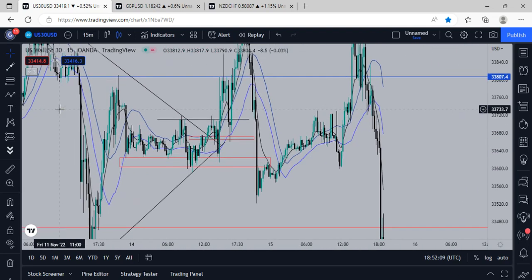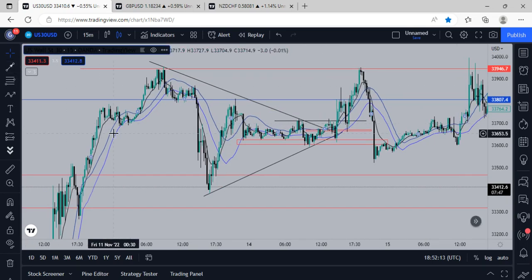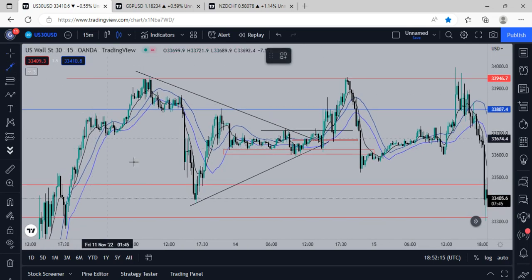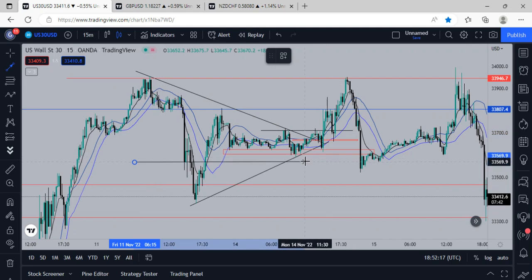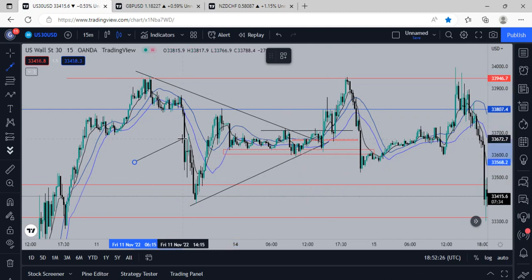Okay, right. So we had a symmetrical triangle. So price could go either way. When you see this pattern, this symmetrical triangle, know that price could either sell or buy. But I had anticipated a buy because we had a support level.